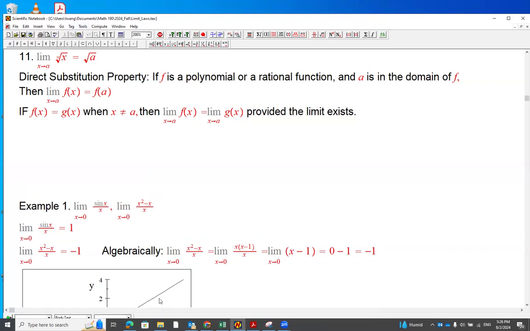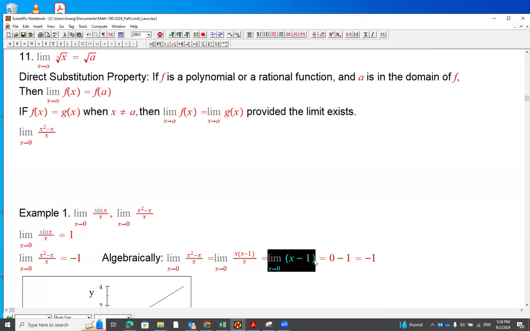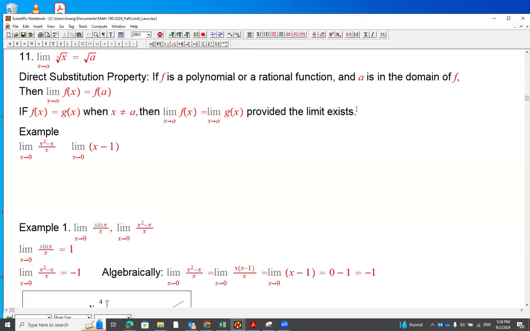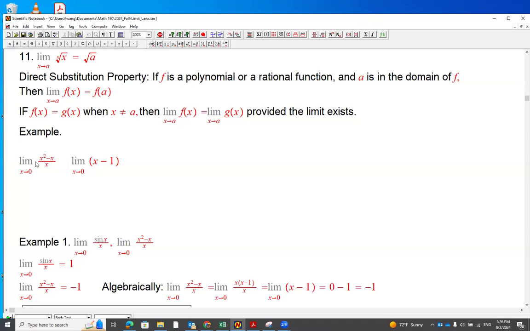Example, I'd like to illustrate this. When we consider these two limits, we have two functions here. The first function, I'm going to call this f of x.